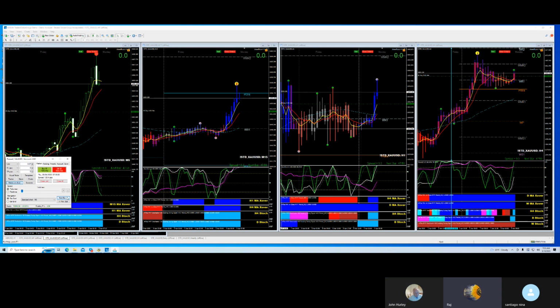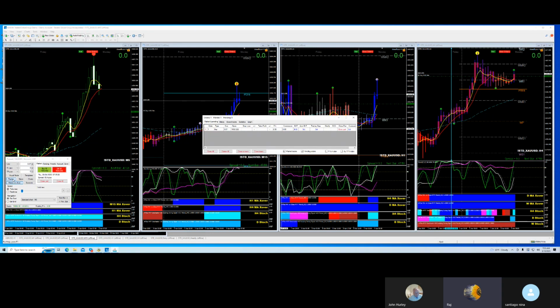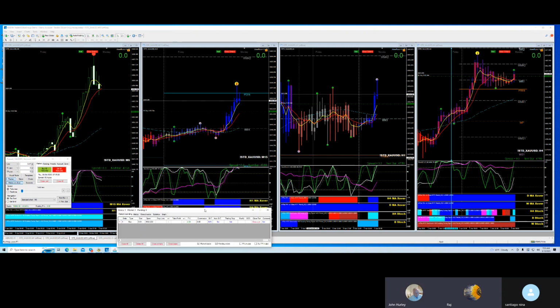Can you bring up your terminal to see how many pips we are up for that trade? We can see that in the simulator, right? Yes. Sessions, trades. There you go. So we are already up how many pips? Print it out in pips.